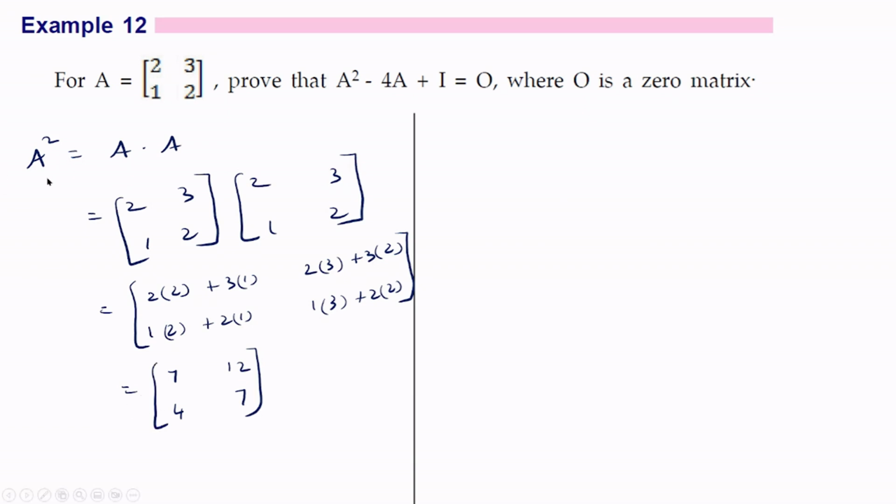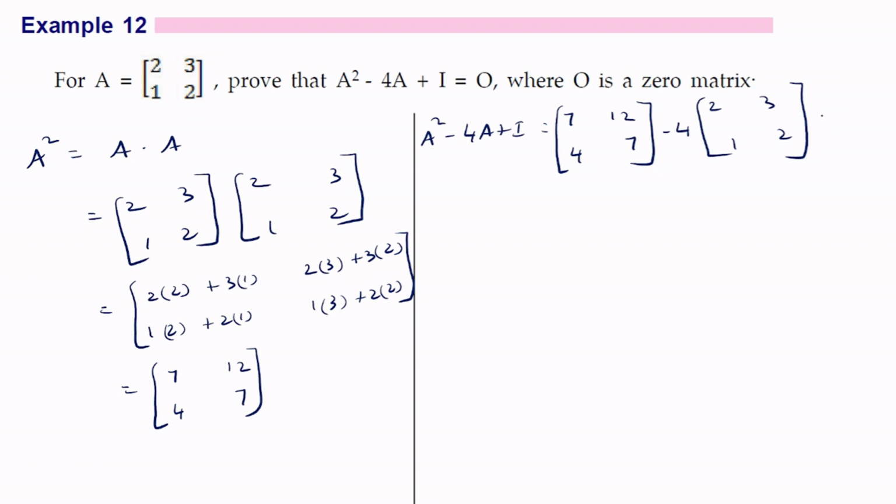So we have A square minus 4A plus I. We have to prove that this is equal to 0. A square minus 4A plus I is equal to A square, which is 7 12 4 7, minus 4A, which is 4 into 2 3 1 2, plus I, the identity matrix. Here since the order should be defined, we need to have an identity matrix of order 2: 1 0 0 1.